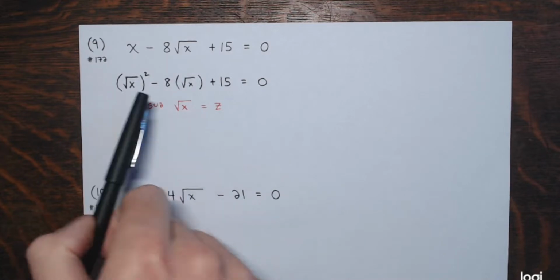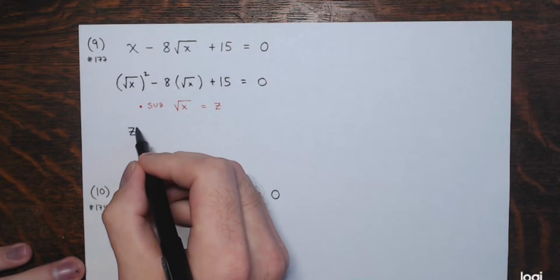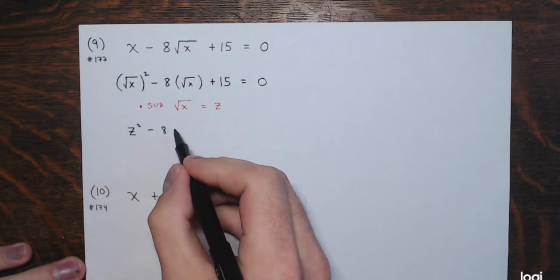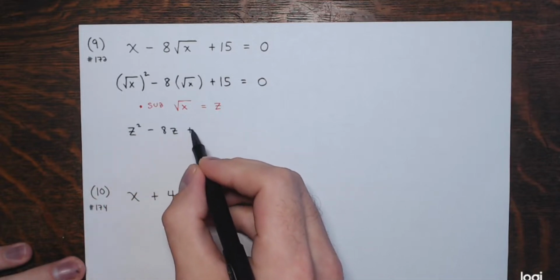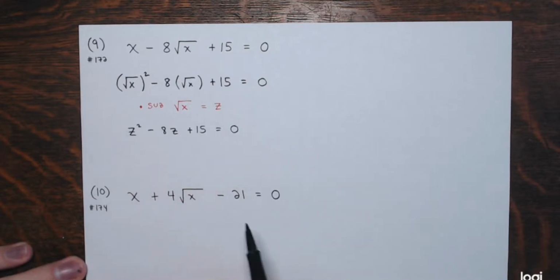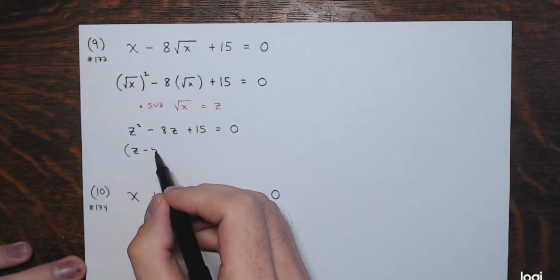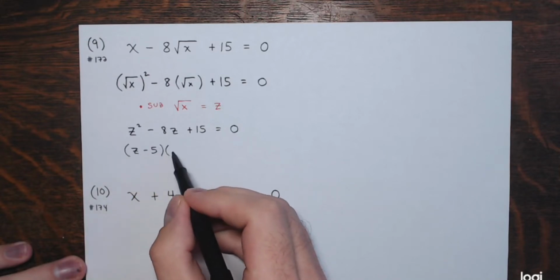So now this equation looks like the following. We have z squared minus 8z plus 15 equals 0. And this is again pretty easily factorable. This is z minus 5 times z minus 3.